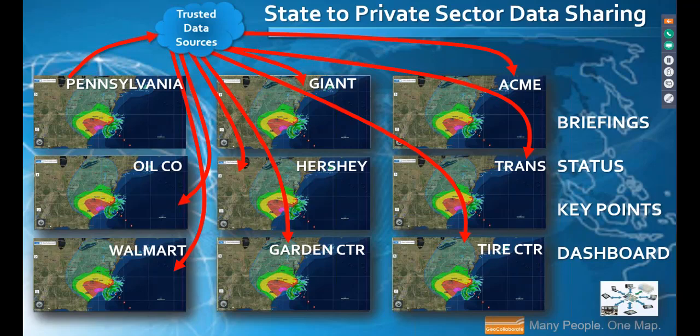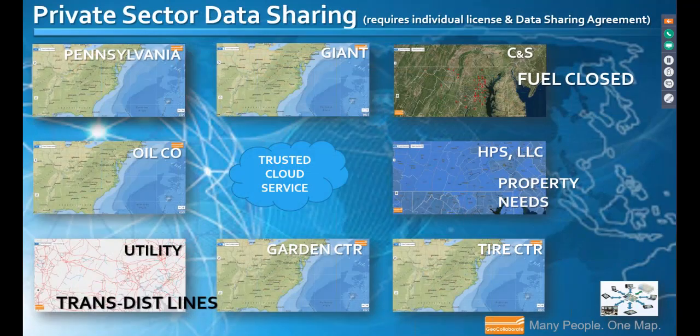So the next slide that I have, Tom, that I want to show is how companies or organizations or federal agencies can share data into the trusted cloud environment, and then going into, let's say, the Commonwealth of Pennsylvania's instance. So if this company up here, CNS, knows of fuel closed locations in Maryland and Virginia, and they've highlighted it with red dots, they could share that information into the cloud.